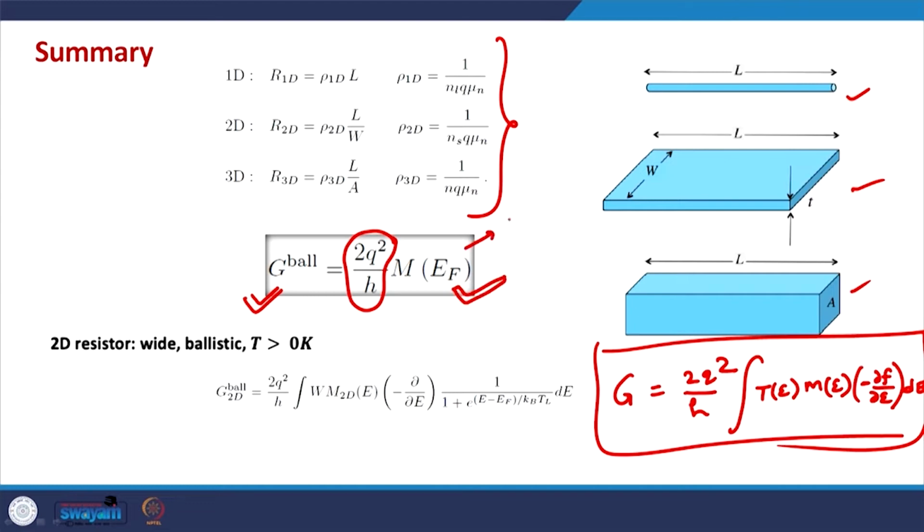So, this was the case when T was 0 Kelvin in a ballistic conductor, and when we operate at higher temperature, at room temperature maybe, in that case we need to do exact calculation of this integral as well as the derivative in this equation.